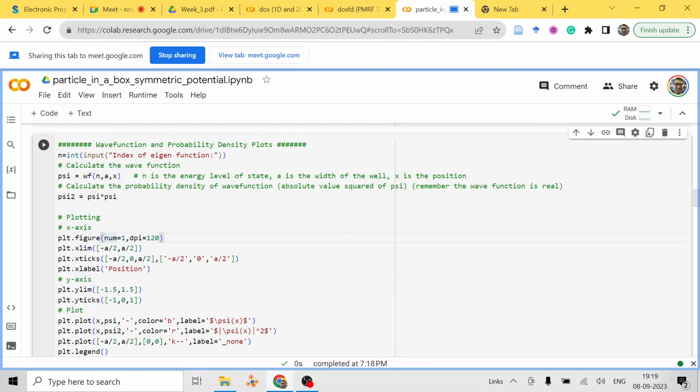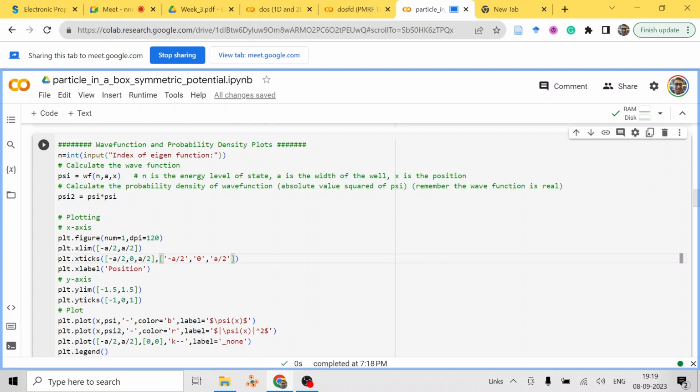Basically, we have defined our figure with plt.figure, and you can define the dpi value as well. Then for the x limit we are taking minus a by 2 to a by 2, and this is how you can define the x ticks. I am saying that from minus a by 2, 0, and a by 2, you have to put minus a by 2, 0, and a by 2.